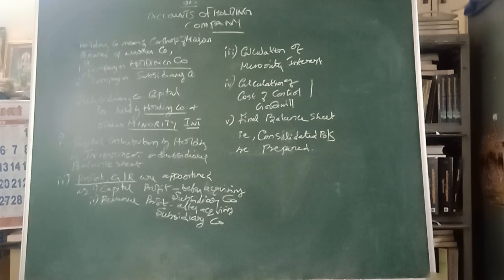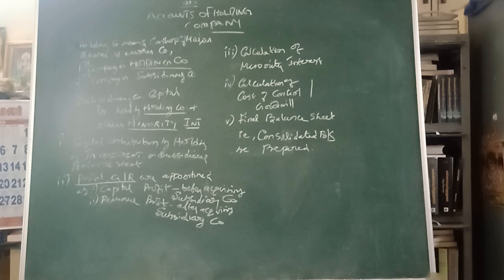So while taking over the shares, what are all the profits and reserves that the company is having, proportionately that should be taken by one part, to the extent of the shares I have contributed, that portion should be valued. That is called goodwill if it is a favorable balance.